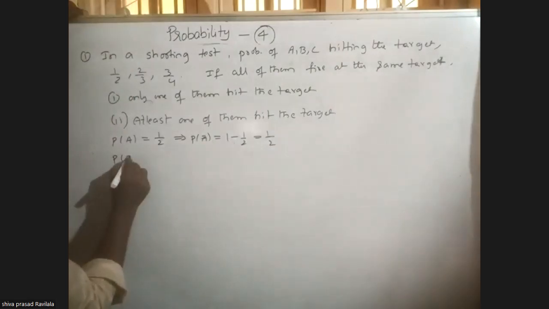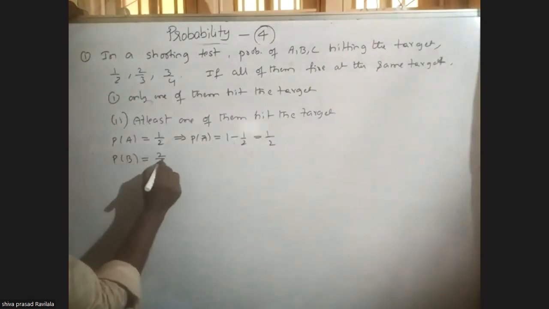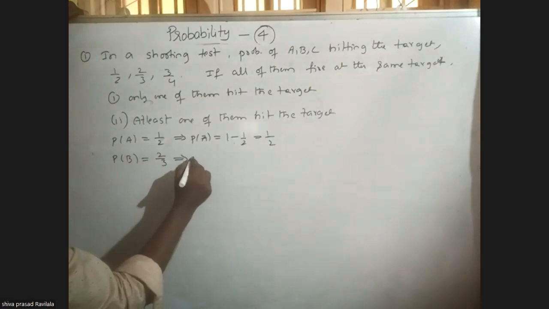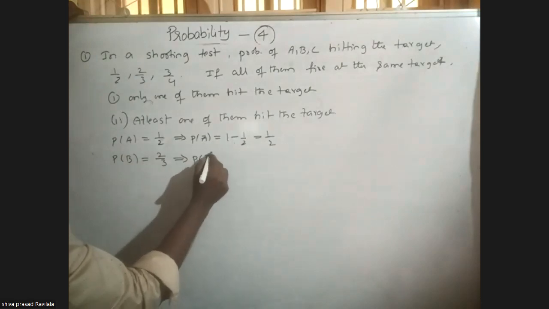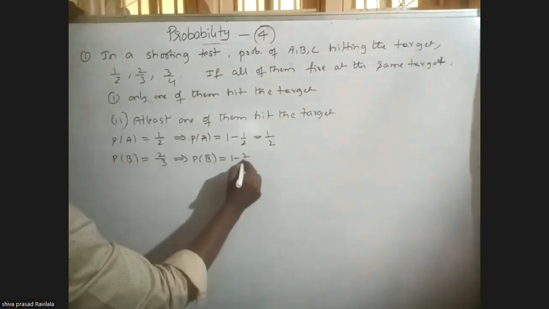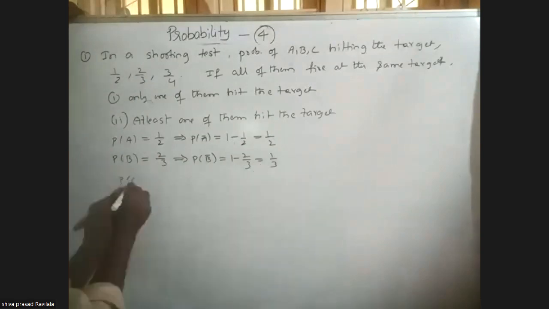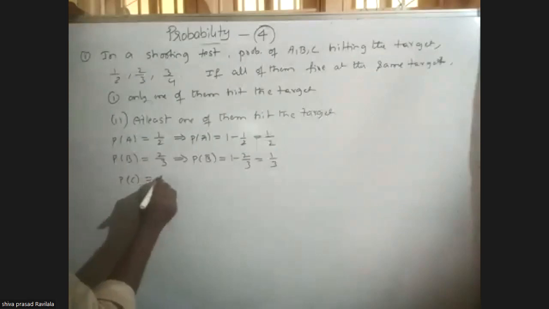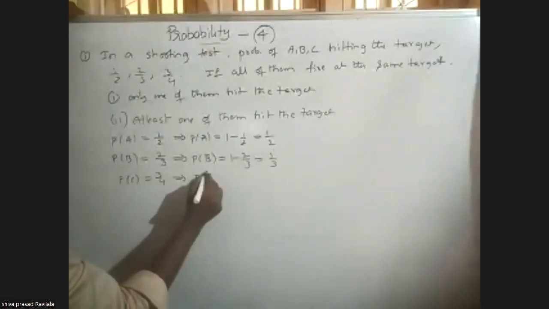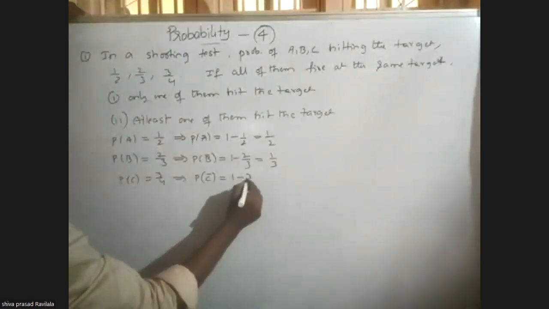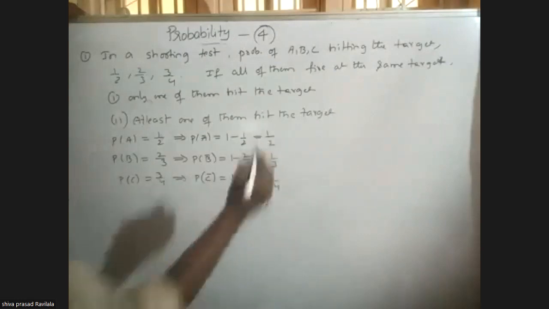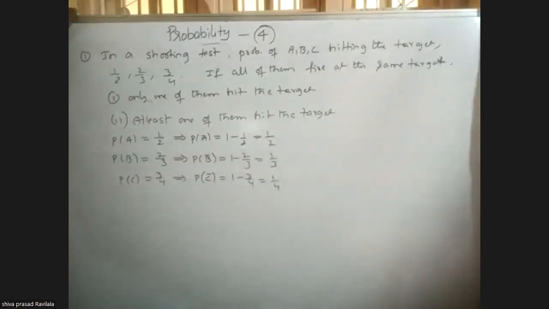And probability of B is equal to 2 by 3, which implies probability of B complement is equal to 1 minus 2 by 3, that is 1 by 3. And probability of C is equal to 3 by 4, which implies probability of C complement is equal to 1 minus 3 by 4, that is 1 by 4. If all of them fire at the same target, only one of them hits the target, at least one of them hits the target.